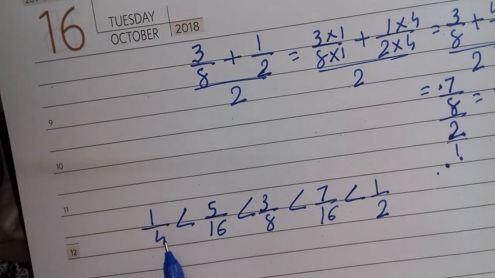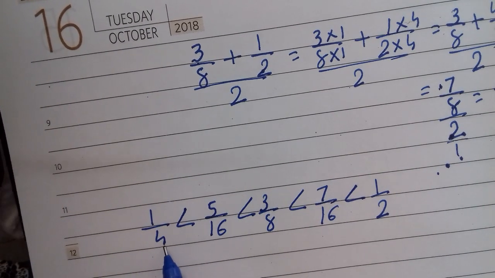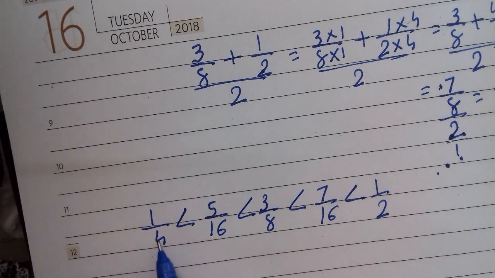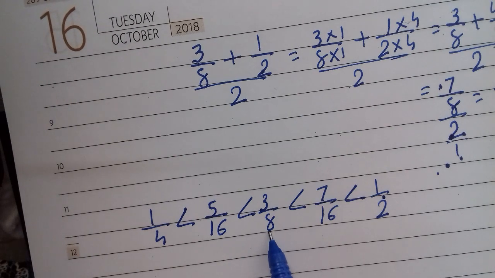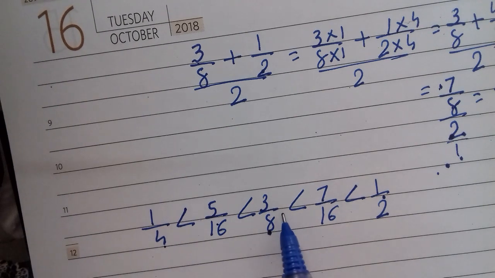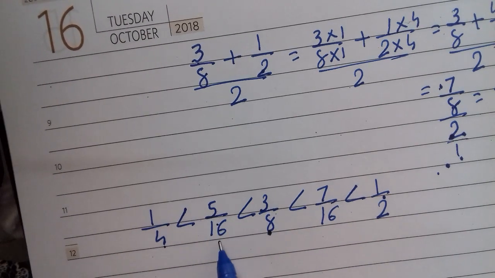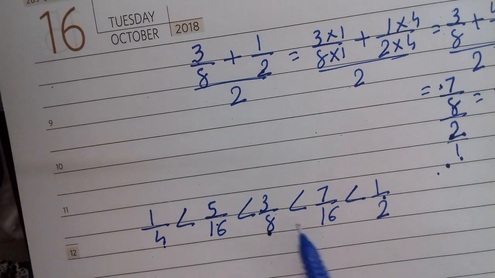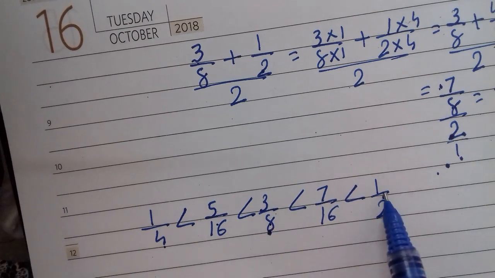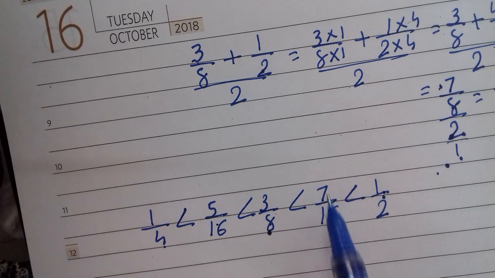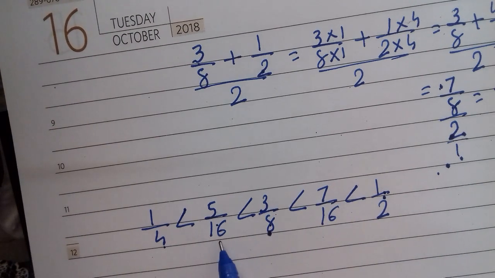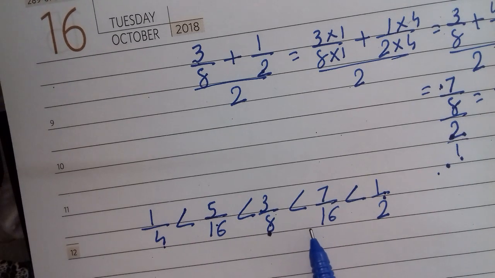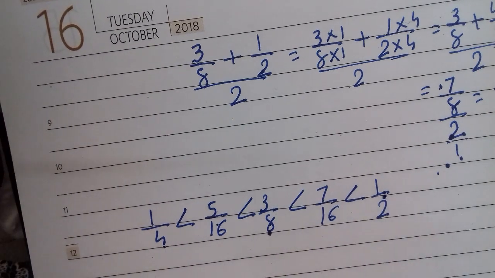First we find the mean of 1/4 and 1/2, that is 3/8. Then we find the mean of 1/4 and 3/8, that is 5/16. Then we find the mean of 3/8 and 1/2, that is 7/16. So here are the three rational numbers between 1/4 and 1/2.